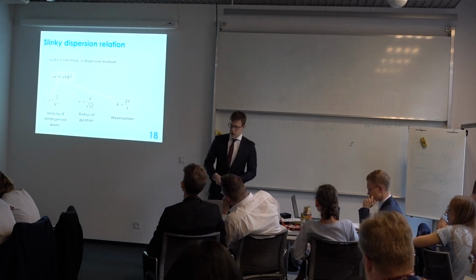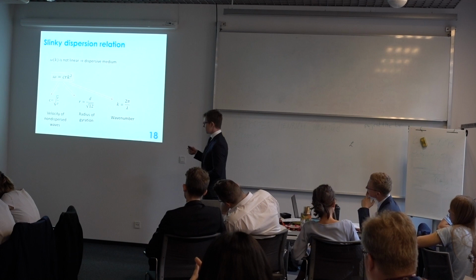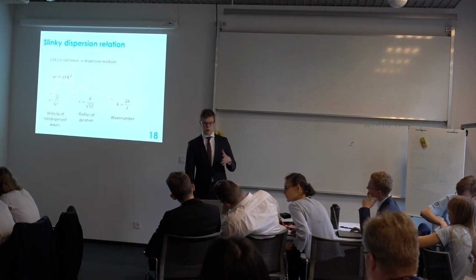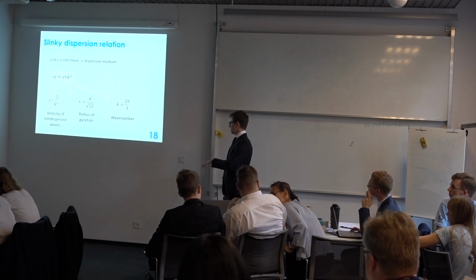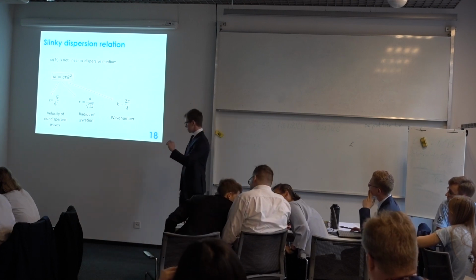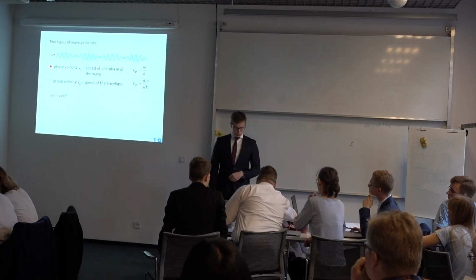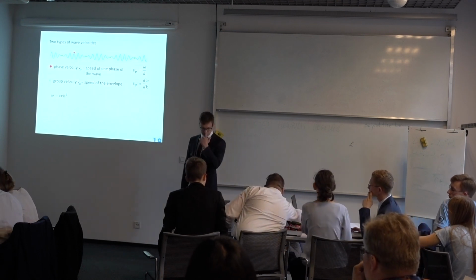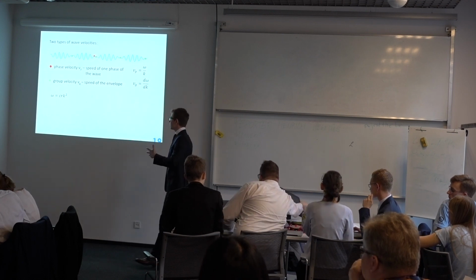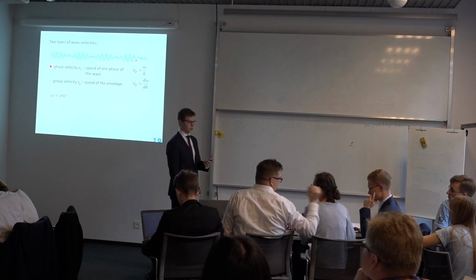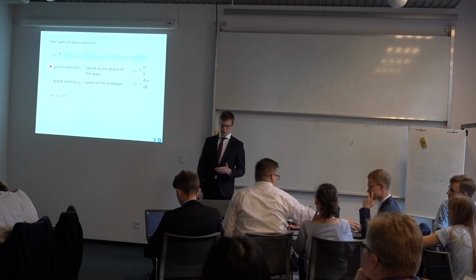Then we'll look at the dispersion relation and what it consists of. In our dispersion relation, there's the speed of sound of non-dispersed waves, the radius of gyration, which we'll get to in a moment, and the wave number, which is 2 pi divided by lambda. There are 2 different velocities in a dispersive sound: the phase velocity and the group velocity.